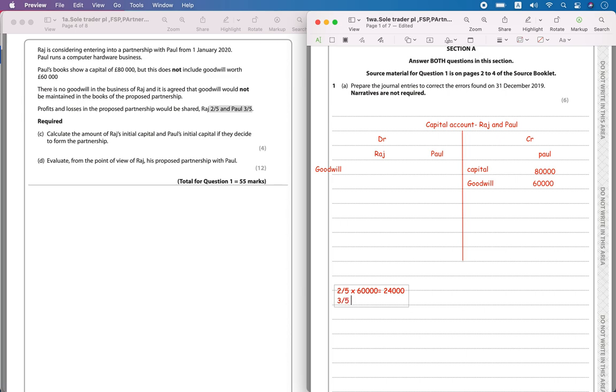And 3/5 of 60,000 is going to be around 36,000. So let's remove those two goodwill amounts here. This removal is put on the debit side in the capital account. For Raj it's 24,000, and for Paul it is 36,000.